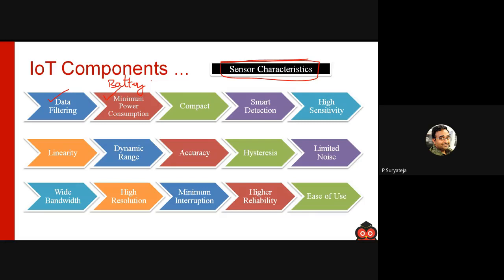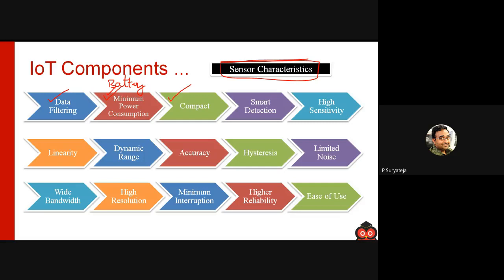Now just think of a forest fire detection system. The sensors are installed on the trees in a forest, right? So every time the batteries expire, you have to go into the forest, near each tree, and replace the batteries in the sensors. Is it difficult or not? So that's why the sensors should consume a minimum amount of power.